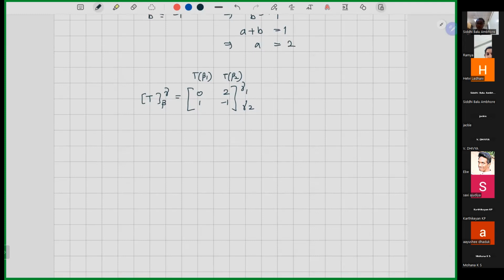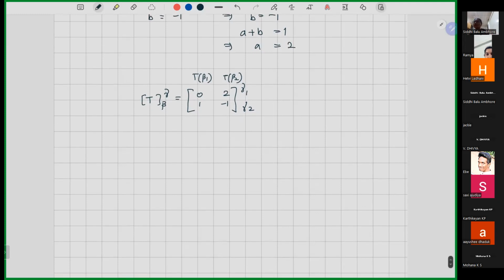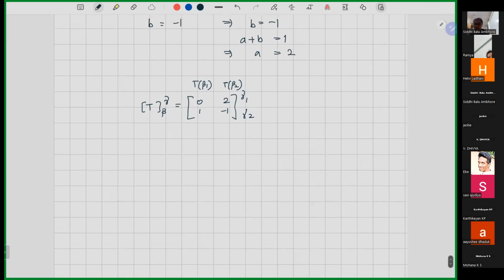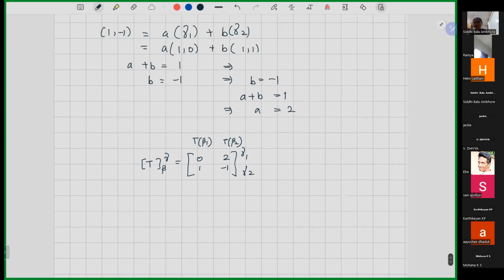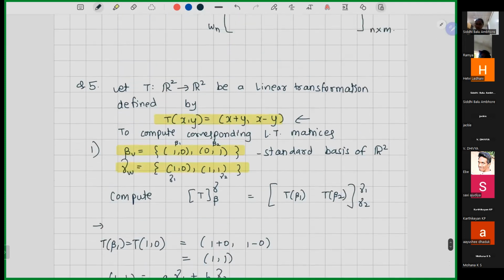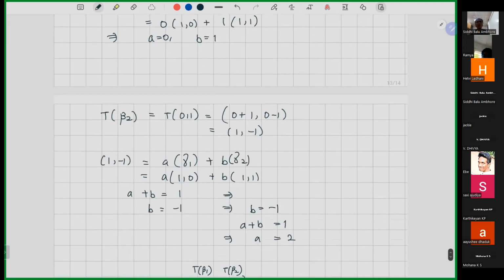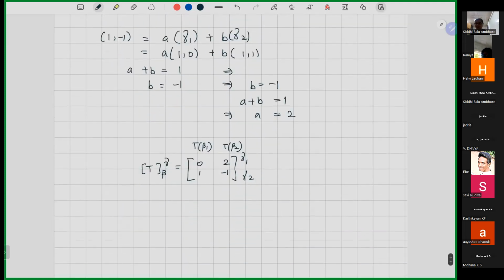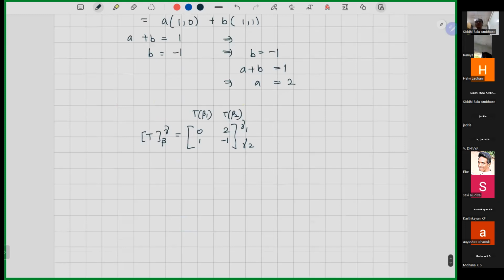So can we find the rank of the transformation by finding the rank of this matrix, right? Yes. So here it is 2. And if you find the rank of this linear transformation also by the rank nullity theorem, it will be 2 again.